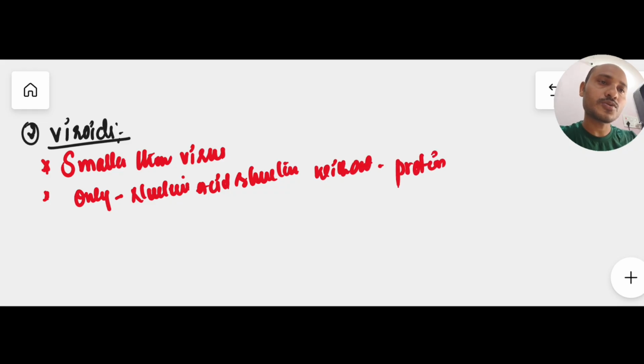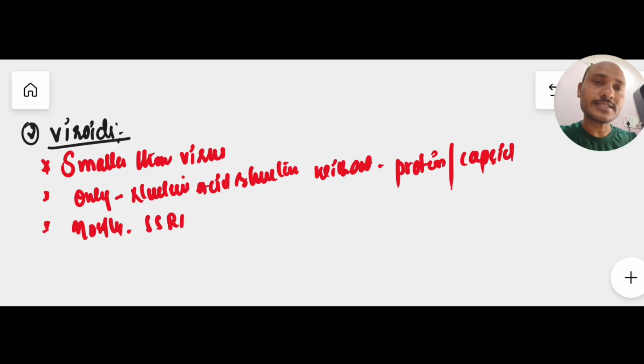Very important: without protein or capsid. The organisms which contain only nucleic acid without protein or capsid come under viroids. Generally, viroids contain single-stranded RNA as the genetic material, and this single-stranded RNA has low molecular weight.